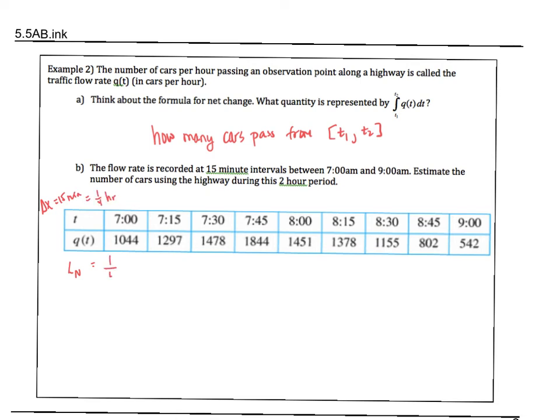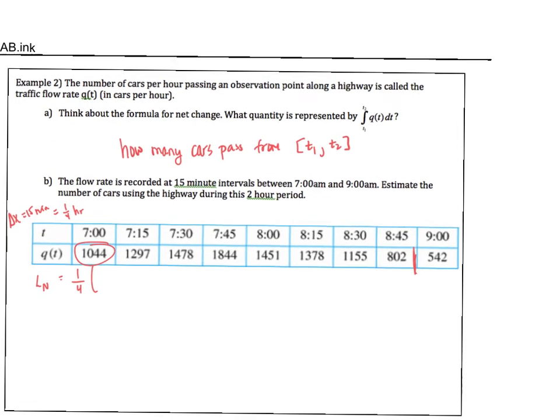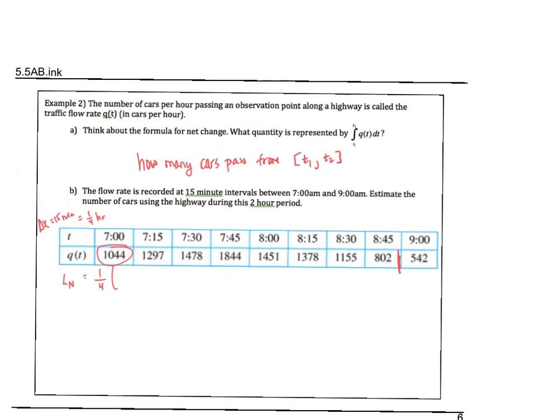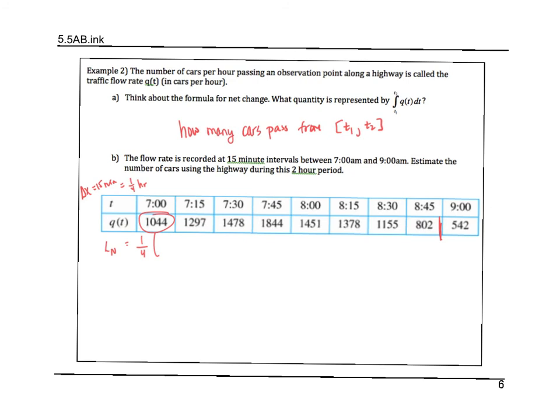Okay, so right here I'm going to put 1/4. And if I'm doing left approximation, I would begin with the first y value, and I would work across, and I would stop at the second to last y value. Right? They would be the left-hand corners of my rectangles if I were to sketch this out.